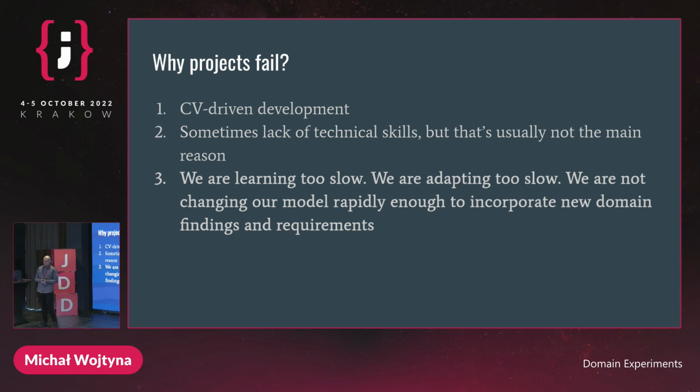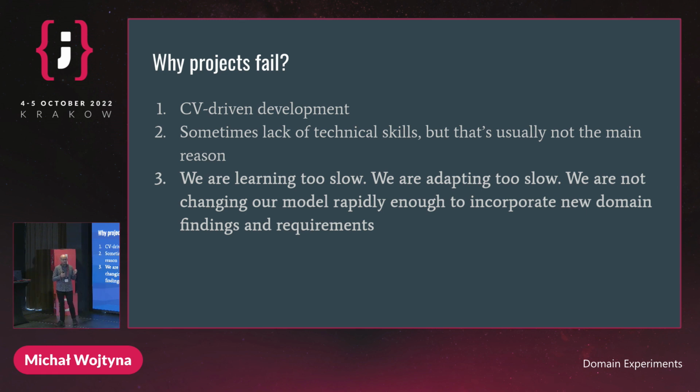And if I were to summarize in 3 points why projects fail, I would say the first reason might be CV-driven development, yeah? We all did this, probably. But sometimes it might be a lack of technical skills, yeah? But I don't believe that's the main reason. However, the third point is usually the main reason why projects are failing.